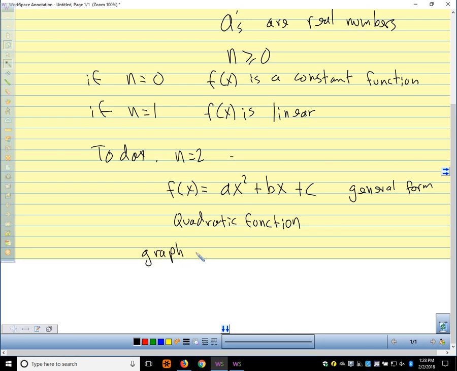If we graph a quadratic function, what does the graph look like? It's a parabola. The graph is a parabola. So I want to sketch a graph, and we'll talk about some parts, and then we'll go on from there. All right, so we're good with the general idea of a quadratic function.